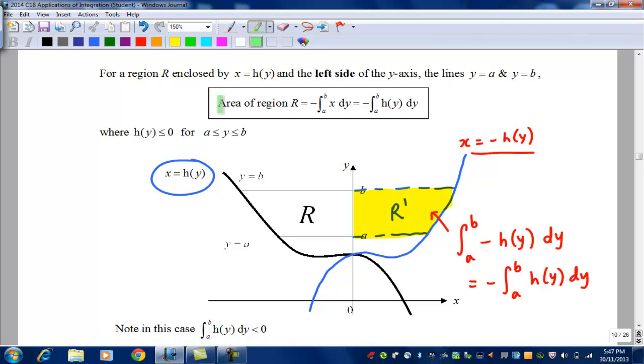This explains why the area of region R is exactly this. Also notice that if I integrate from a to b h of y dy, it will give us a negative value, and that's the reason why we have a negative here, to make it a positive value.